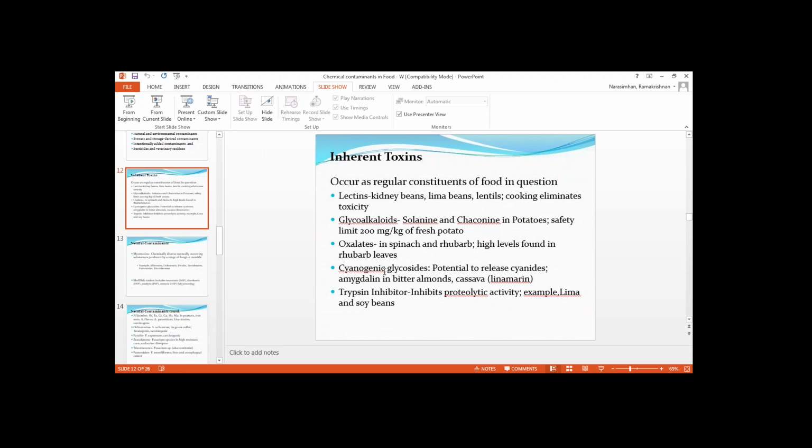Okay, an example for this, increased level as a result of response of the foodstuff to stress, is glycoalkaloids in potatoes. Okay. Because for this particular chemical, there is an increase in concentration when the tuber, when the material, is exposed to light. Okay, so these are some inherent natural toxins.